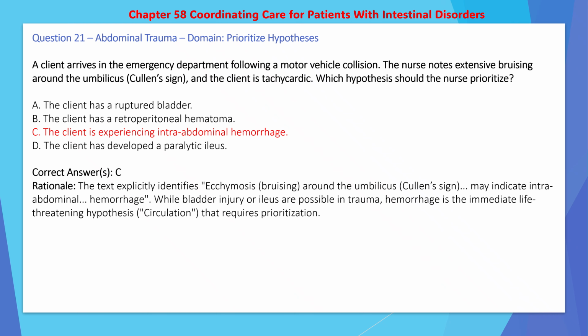The text explicitly identifies ecchymosis, bruising around the umbilicus, which is Cullen's sign, may indicate intra-abdominal hemorrhage, while bladder injury or ileus are possible in trauma. Hemorrhage is the immediate life-threatening hypothesis. Circulation, ABC, that requires prioritization.